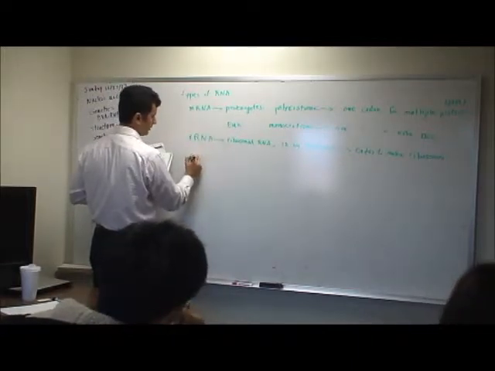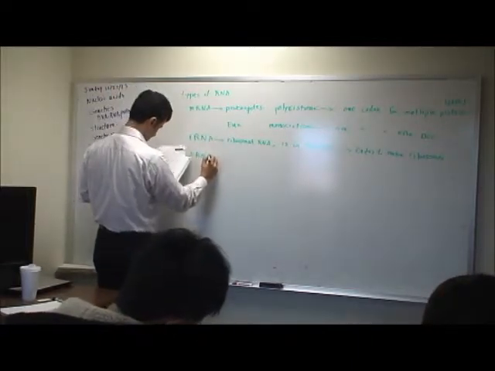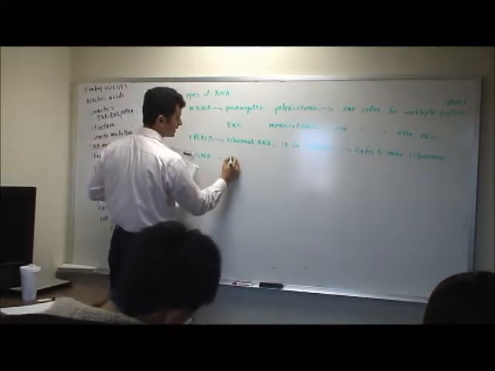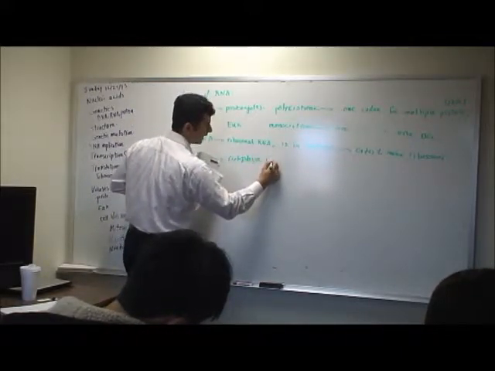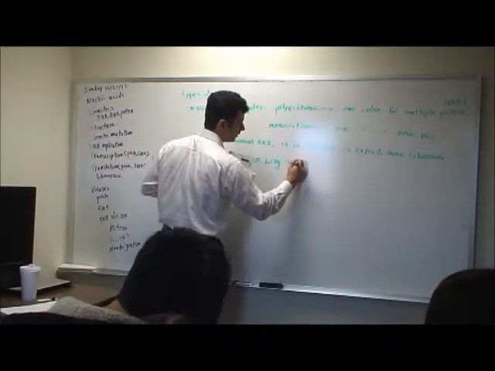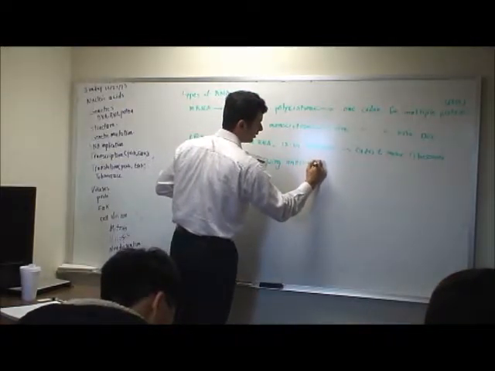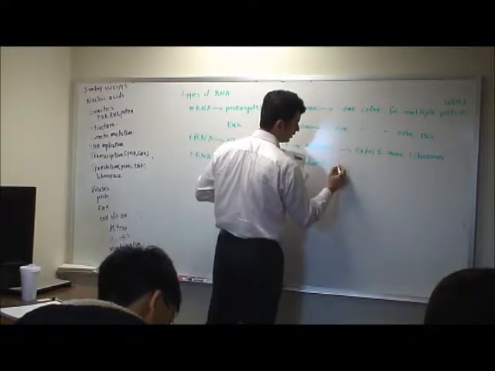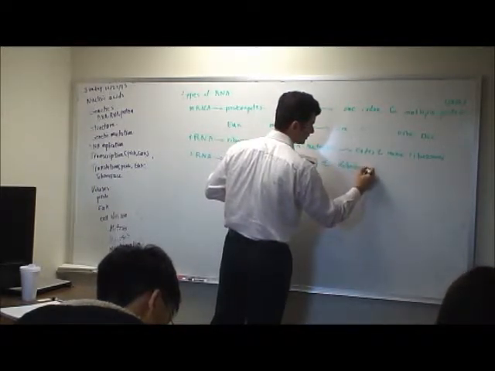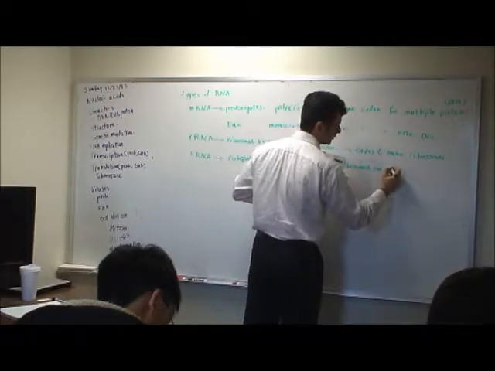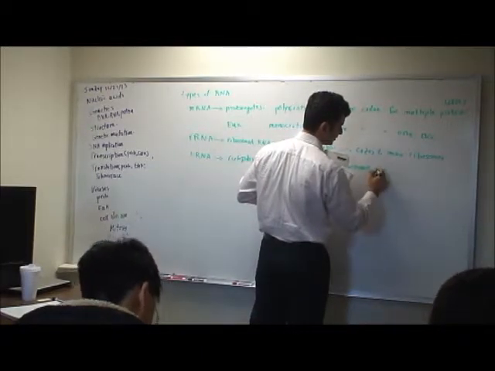I'll get to that in a moment. tRNA is in the cytoplasm and brings the anticodon to the two small ribosomal subunits.